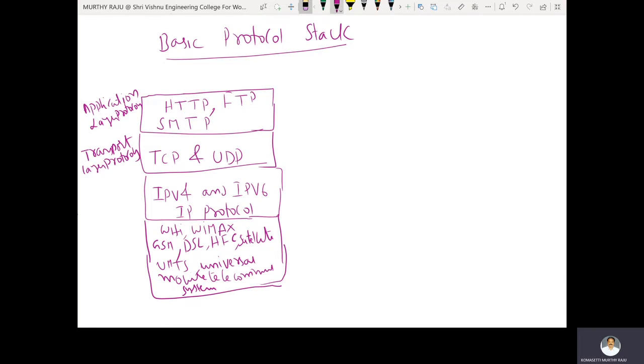These are the network layer protocols. Next one, data link layer protocols.